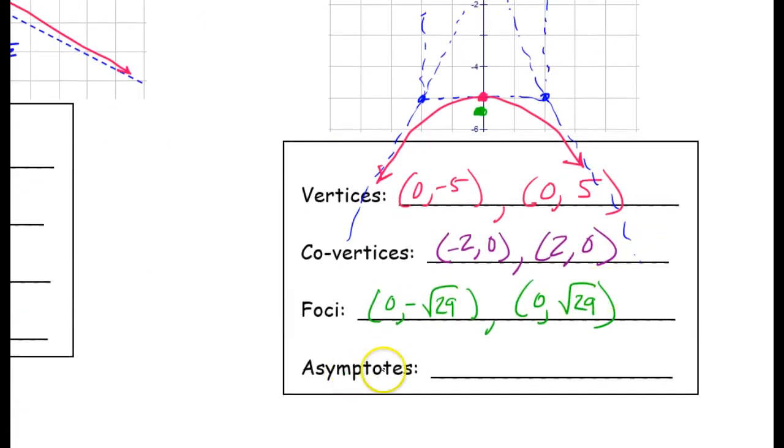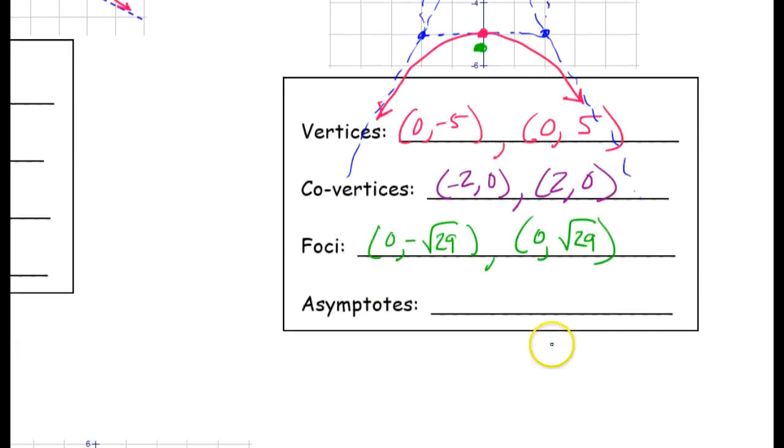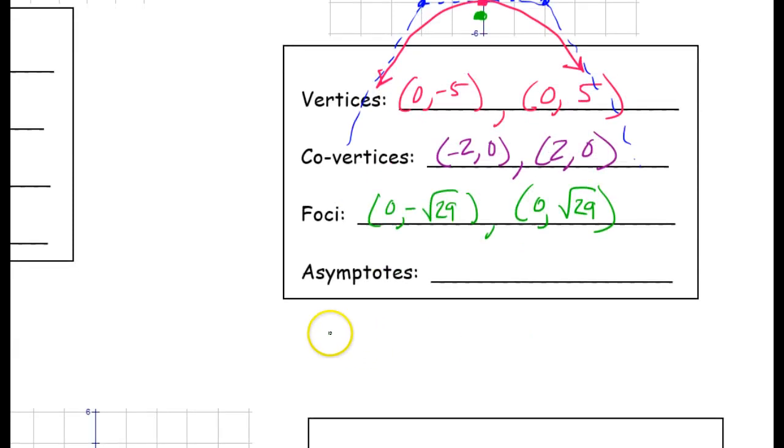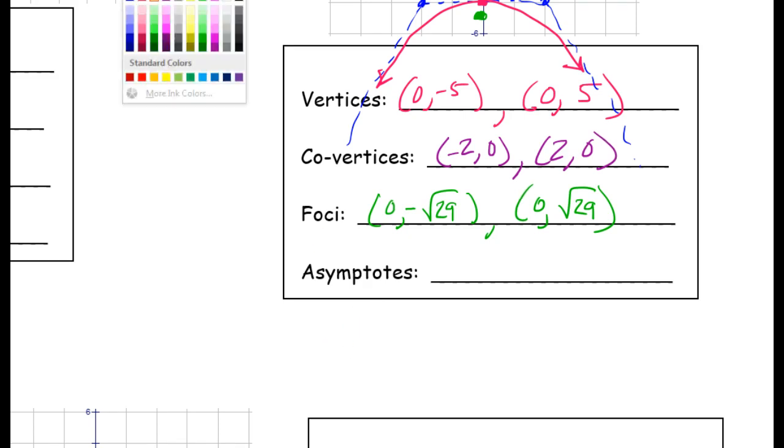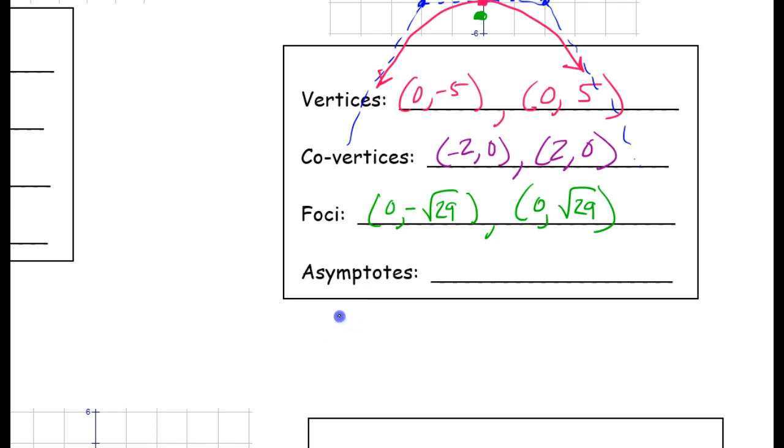Okay, what's left? Oh, we need the equation of the asymptotes. Remember, the equation of the asymptotes can always be written using the following model. What I'm about to write down is really the point-slope form of a linear equation. But I'm purposefully using the center as the point.